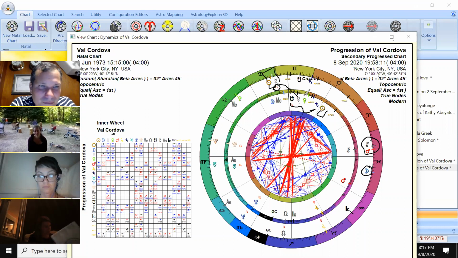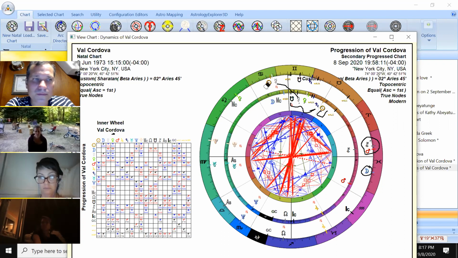I have a question. I'm sorry, I don't mean to interrupt. So when we're reading in the progressed chart, like you see how you have her sun conjunct her Mercury, could I then go into my sidereal astrology book and read it like that?